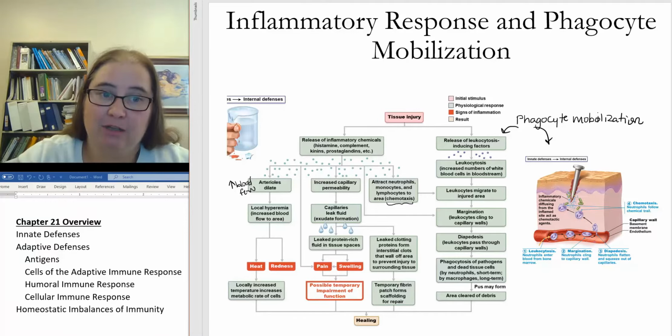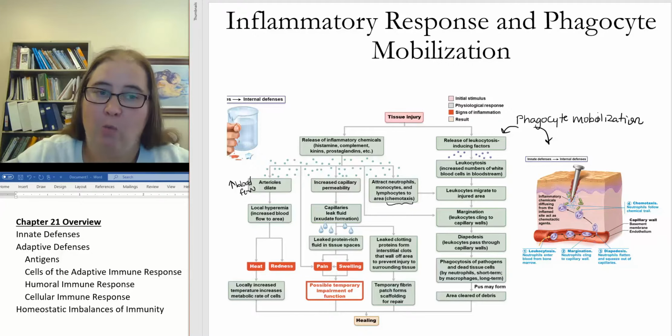This is something called margination. Margination is essentially where the neutrophils and the monocytes start to cling to the wall in preparation for exiting the capillary system in a process known as diapedesis, where those leukocytes pass through the capillary wall and into the area of damage.